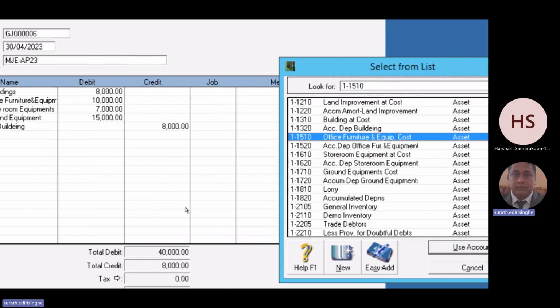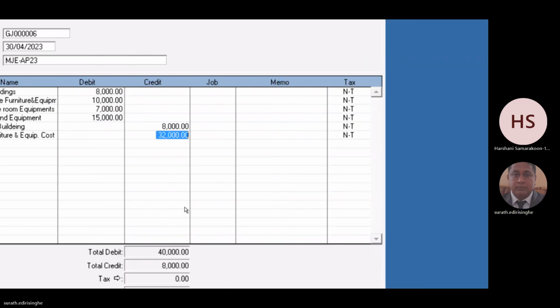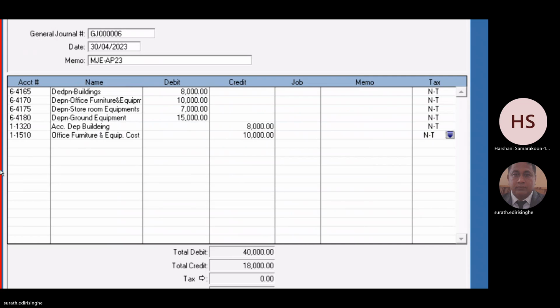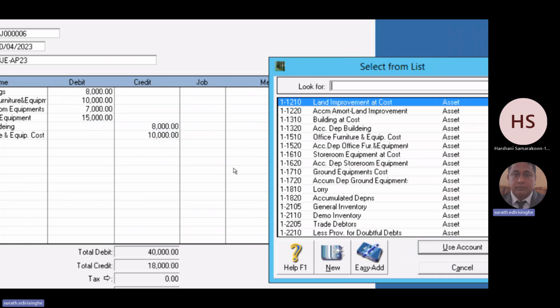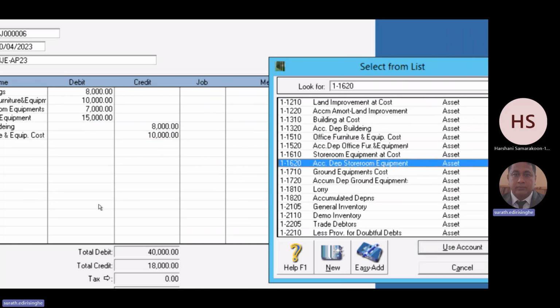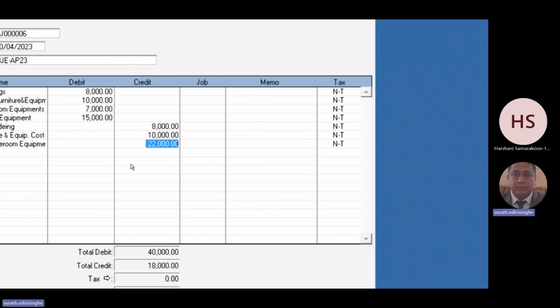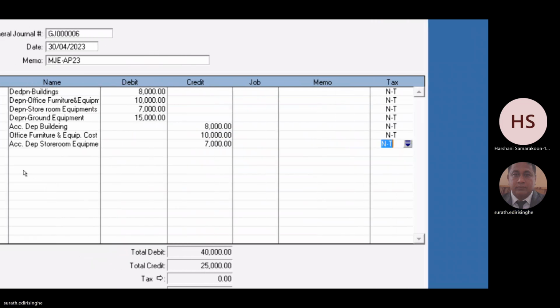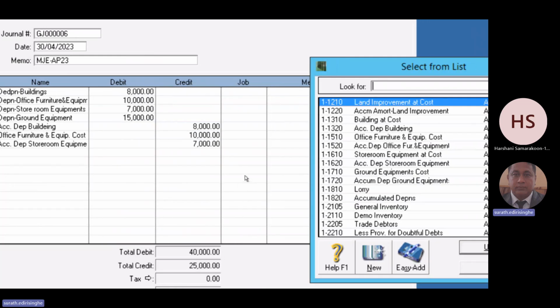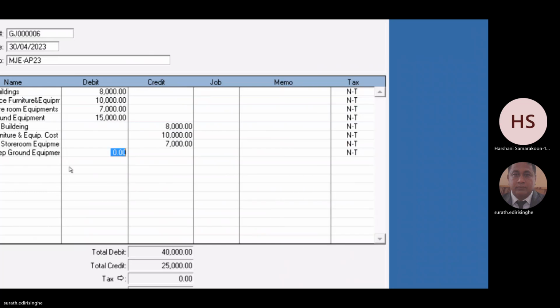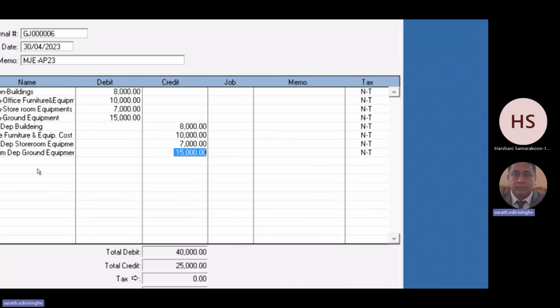Otherwise, you credit the wrong amount. 10,000. Next one. Storeroom equipment, accumulated depreciation. Storeroom equipment, 7,000. Last one. Ground equipment, 15,000.